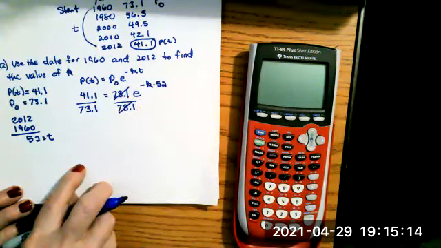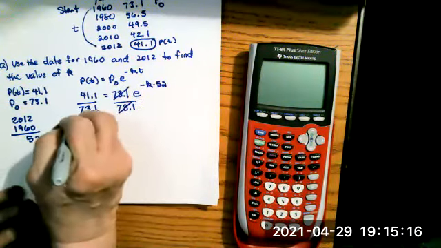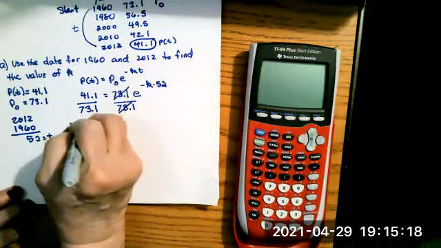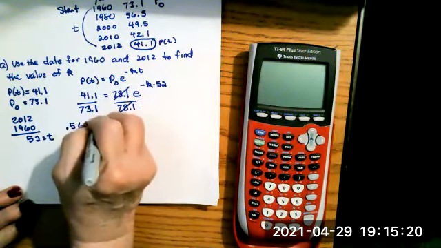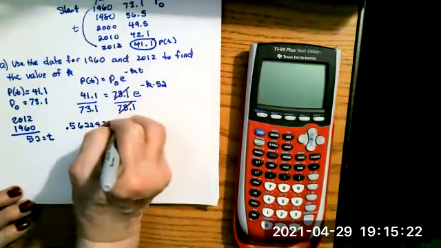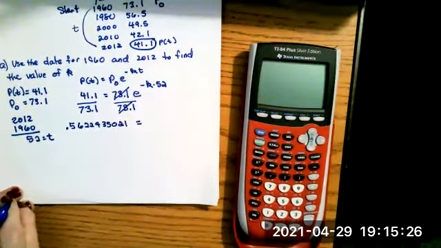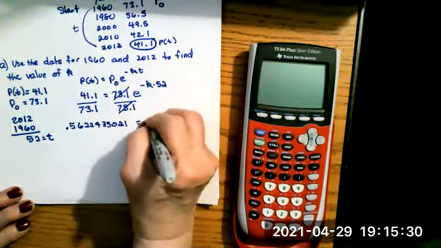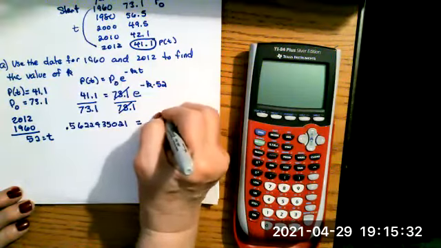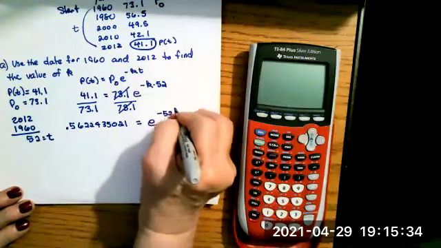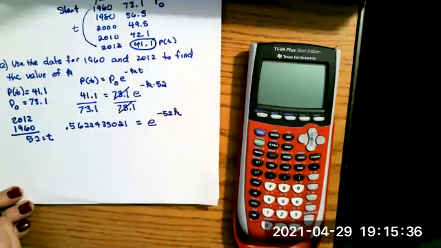And over here on this other side, I'm going to get this long decimal, 0.5622435021. And that's kind of overkill. You don't really have to have that many. I just put all of them that were in the calculator. E, and I'm going to change this around to negative 52k and put my number in the front.